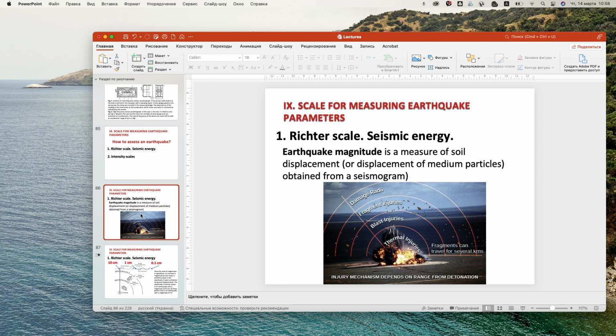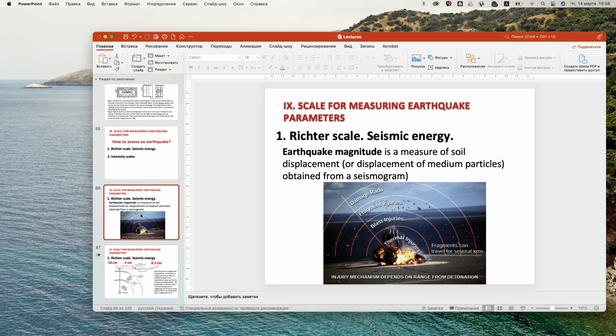This Richter scale gives an ability to measure the displacement and compare it with the distance from the source of the earthquake, from the hypocenter, and from the ratio between the displacement and distance to the source of the earthquake to define the seismic energy.